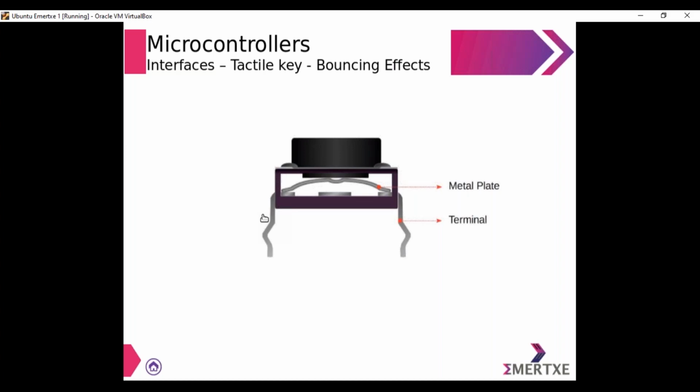Now the problem with this metal plate is that the moment you press, it will not give you a constant signal. For example, have you observed the string of a guitar or the chord of a violin or any instrument? If you touch it, have you seen the small vibrations on the string?